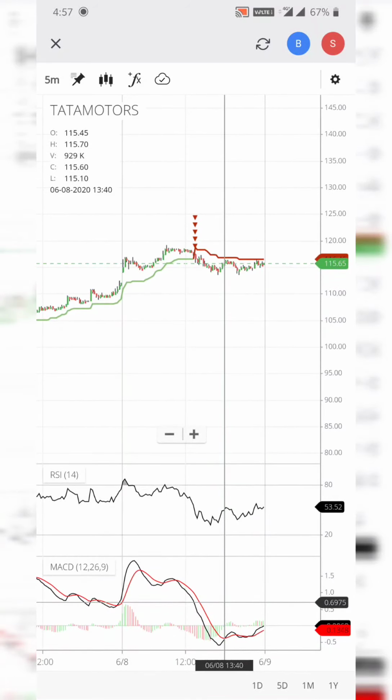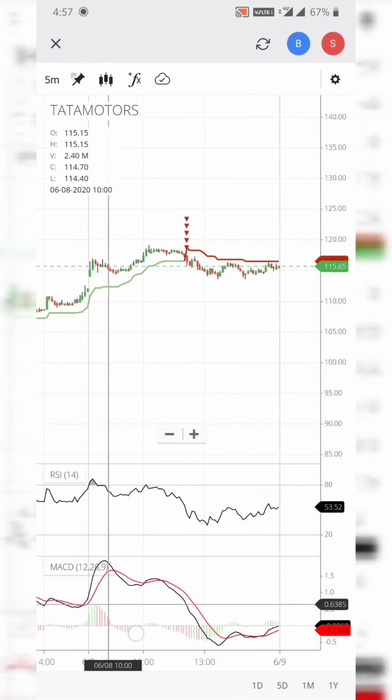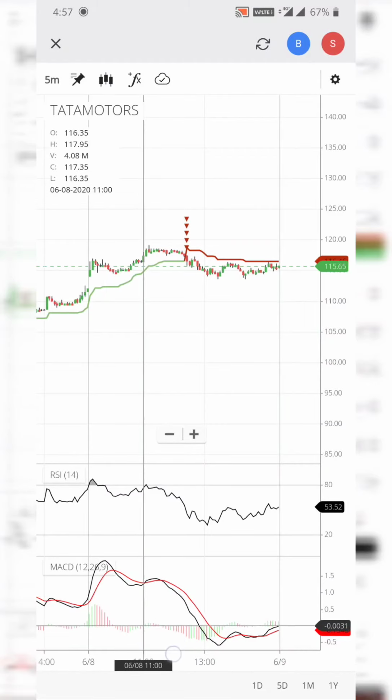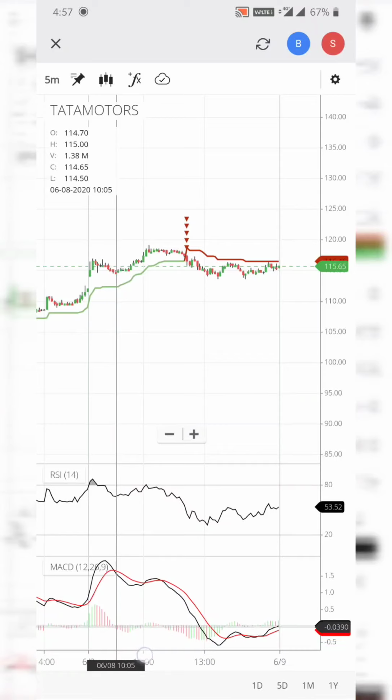The convergence of a black line and a red line indicates a positive and a negative movement, and the zero line indicates the trend of that particular stock. If it is above the zero line, it is considered a positive market, and below the zero line it is considered a negative market. There will be a reversal in the market as well, for the particular stock.